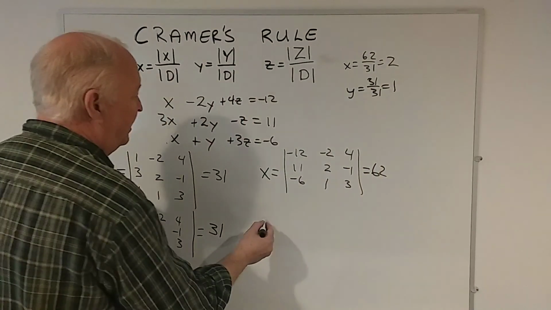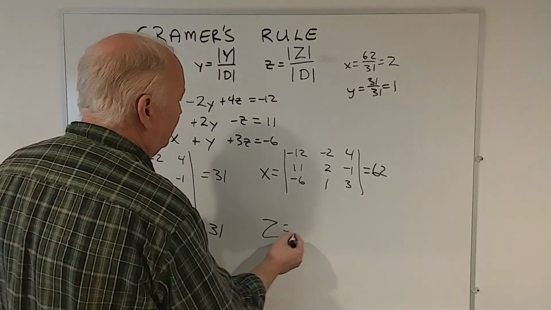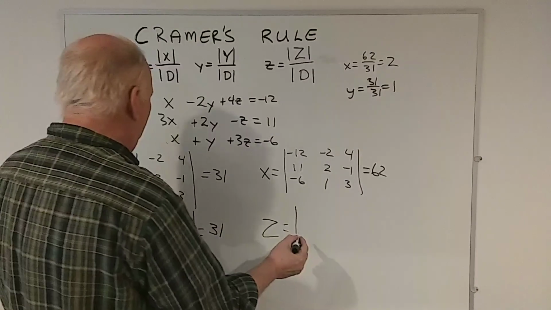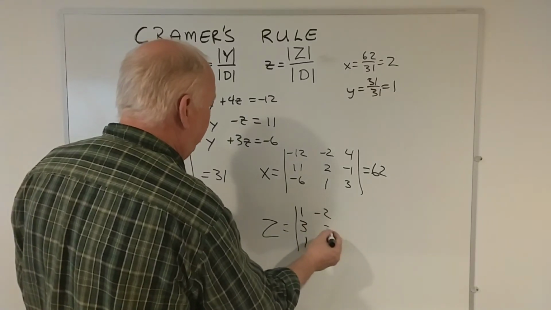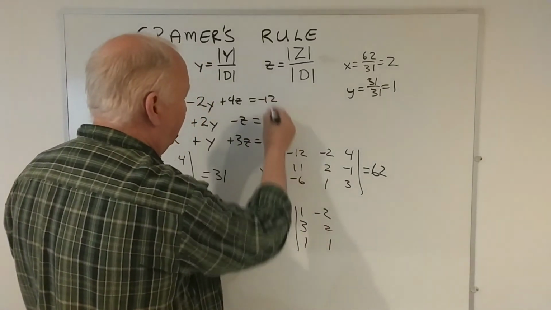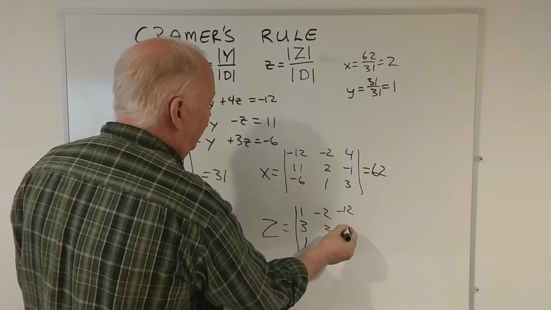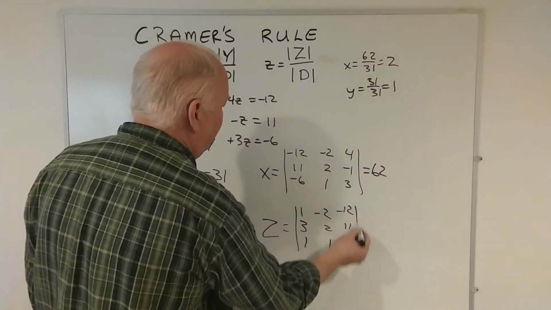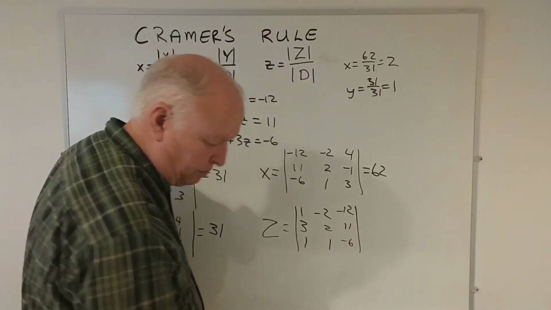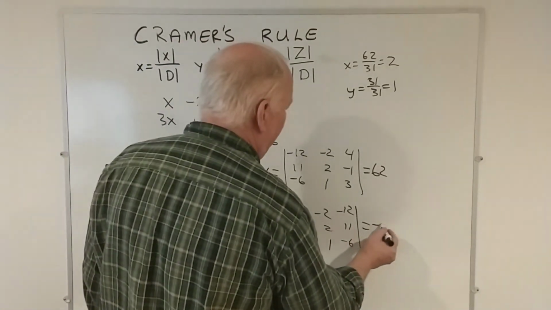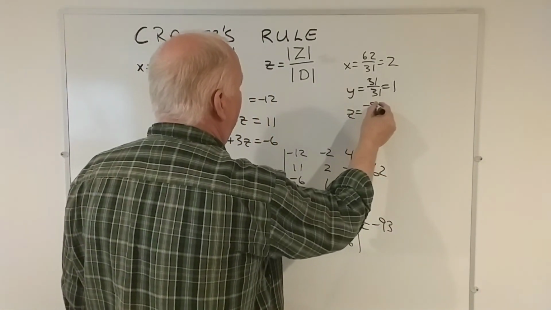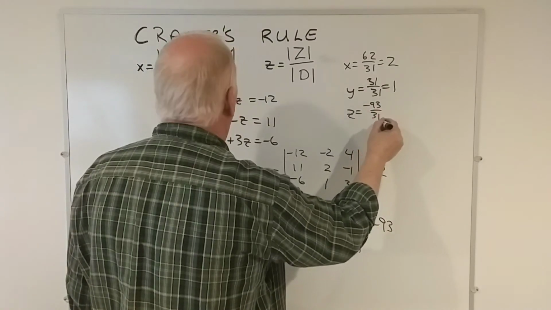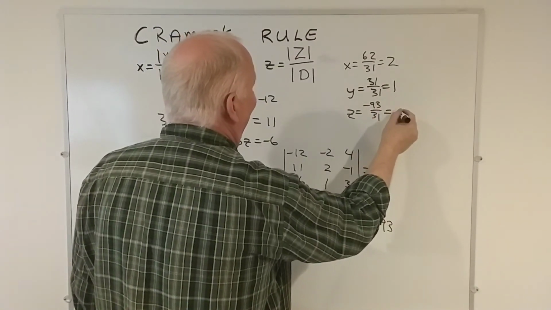And finally, the Z matrix, 1, 3, 1, negative 2, 2, 1. And now we replace the Z column with negative 12, 11, and negative 6. And the determinant of this matrix is equal to negative 93. And so Z equals negative 93 over 31, which is negative 3.